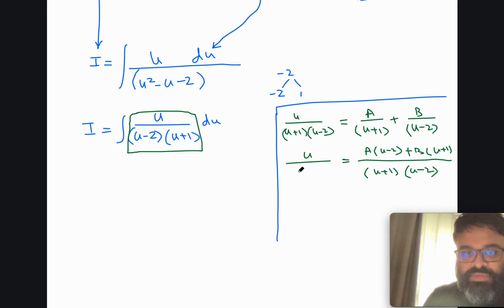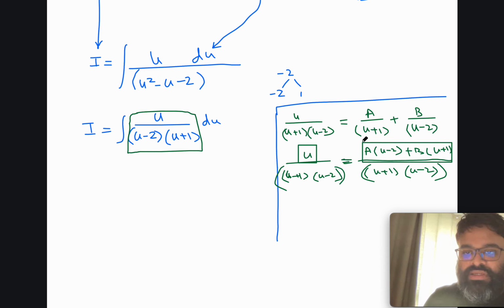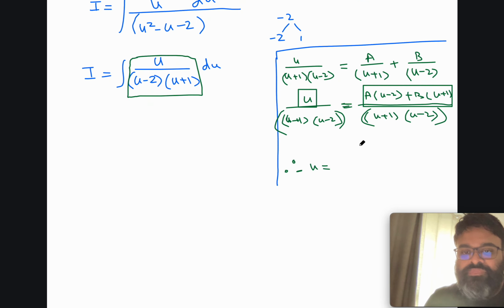The denominators are the same, so the numerators must match. Therefore u is equal to a times u minus 2 plus b times u plus 1.